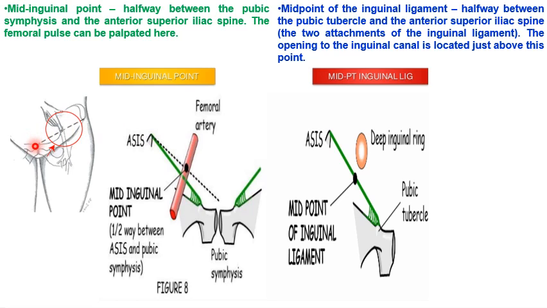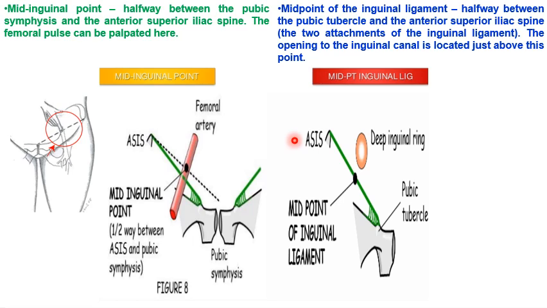This is the pubic symphysis, and this is the anterior superior iliac spine. At the mid-inguinal point, the pulsations of the femoral artery are felt, or the femoral artery is at the mid-inguinal point.